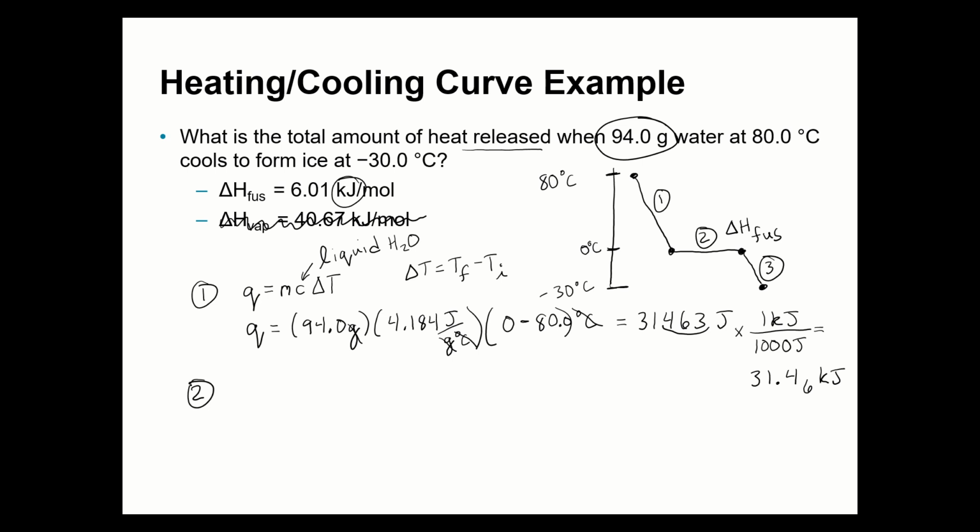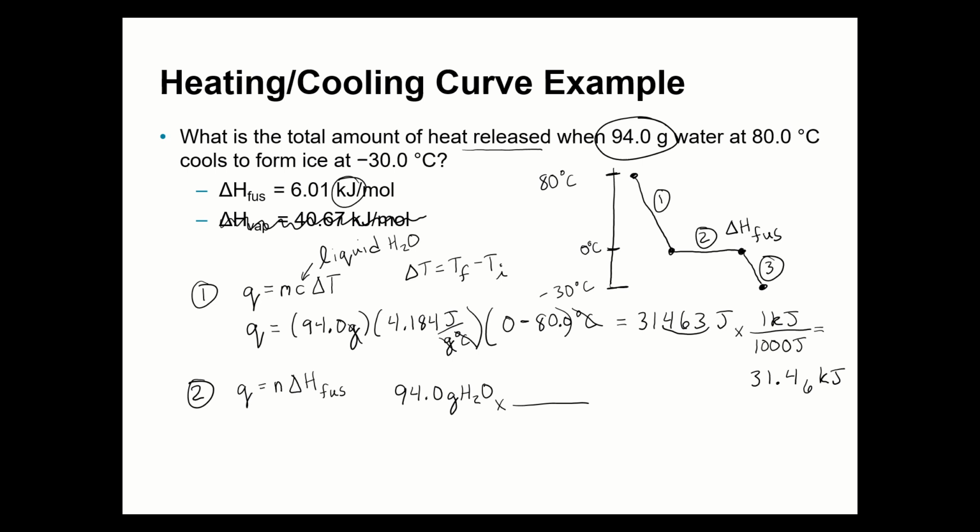So step 2, that's going to be our phase change. So remember our phase change equation is simply Q equals n times the delta H of fusion. Now the issue is we don't have the moles of the substance, we have the mass. So our first step is going to be to take that 94.0 grams of H2O and convert that to moles using the molar mass.